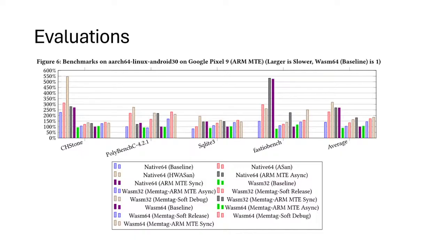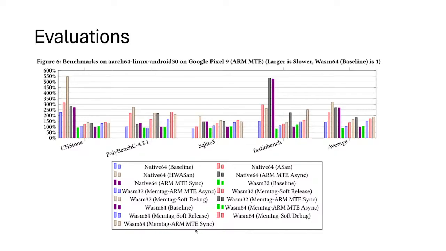So the hardening ends up being very, very expensive. If you run it in every application, it's going to run even slower than probably the slowest one with ARM MTE here.